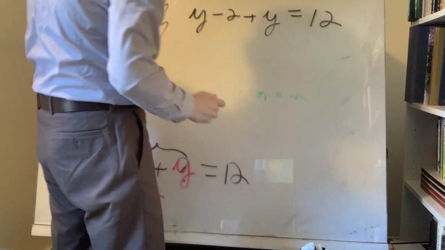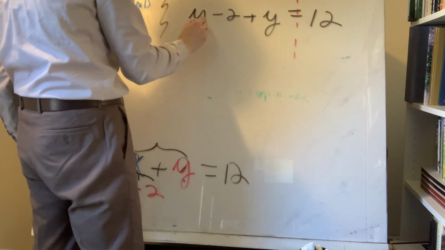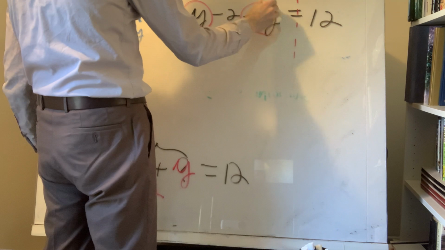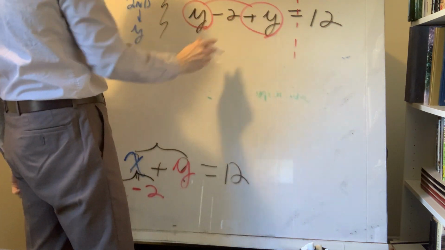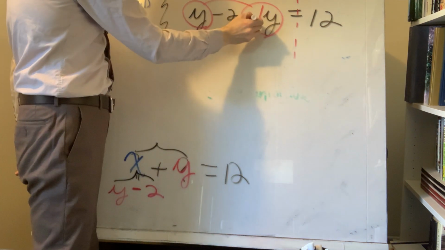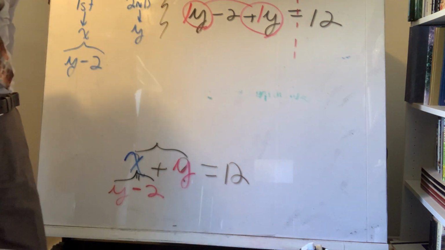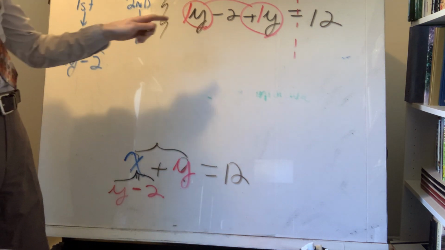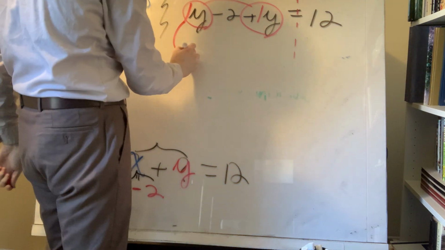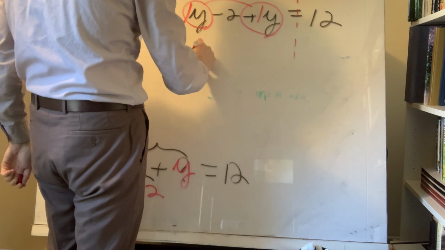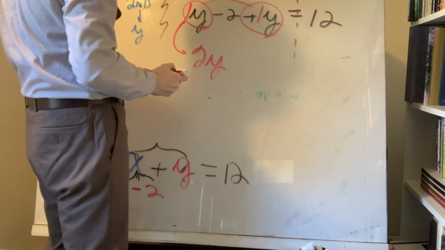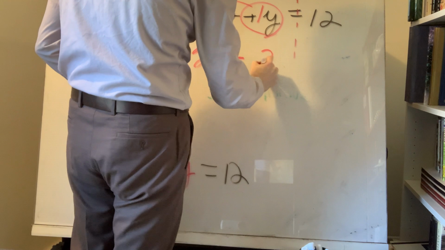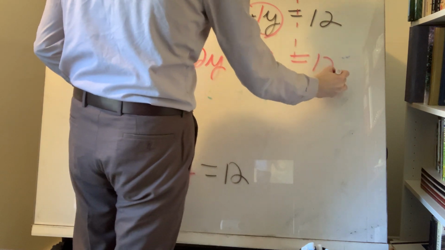It is foundational. So this is a like term, and this is a like term. They're the same letter. They technically are y with a 1 in front. We just don't bother to write that. What is 1 plus 1? It's 2y. Minus 2 is left over, and this equals 12.